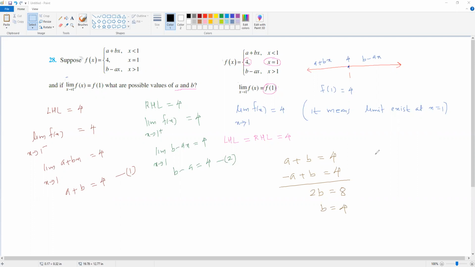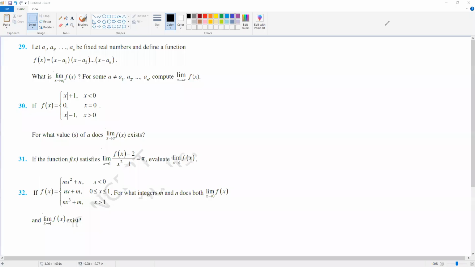Since b is equal to 4, a plus 4 is equal to 4. That means a is equal to 0. So a is equal to 0 and b is equal to 4. Got it? Look at the next question.